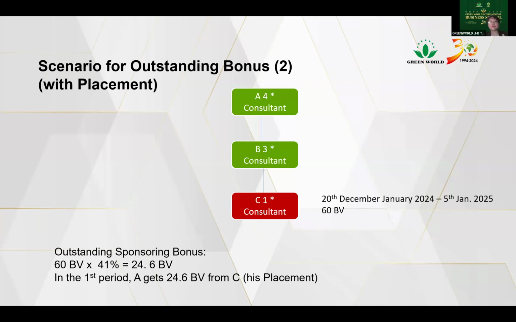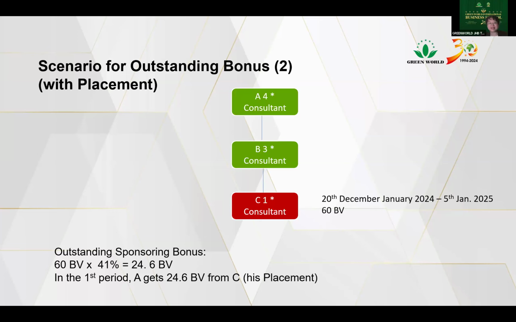Now this time we have the placement. So the same scenario goes with the placement. The scenario is this. Star 4 consultant A recruits 1 new distributor, C, then puts him under B, one of his direct downlines. So this is the whole scenario.